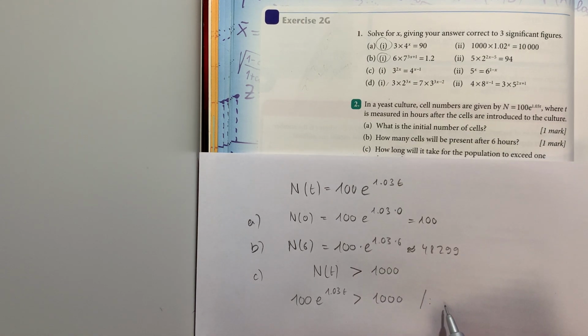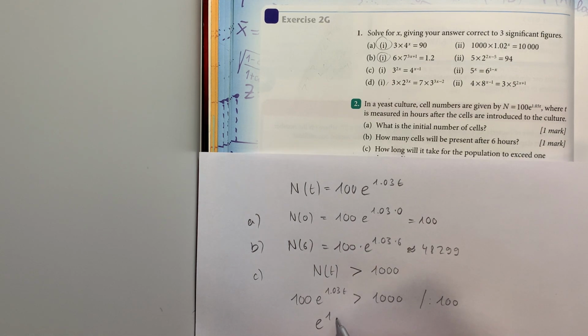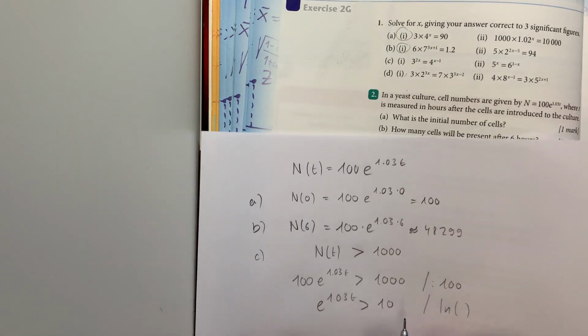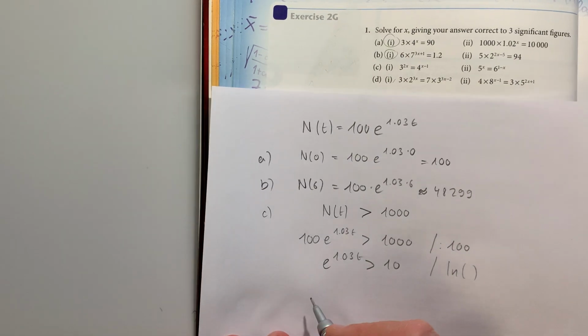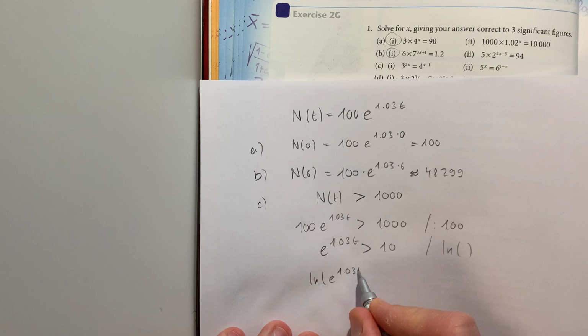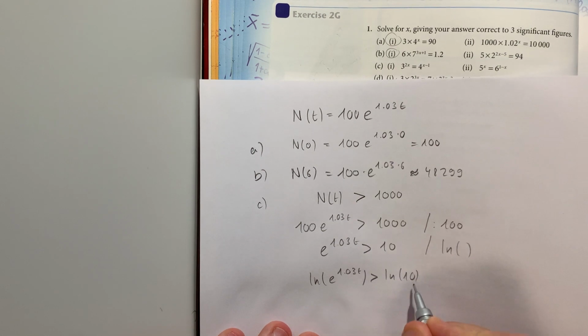Now you divide both sides by 100, so e to the 1.03 t is greater than 10. Now take the ln: ln of e to the 1.03 t greater than ln 10.